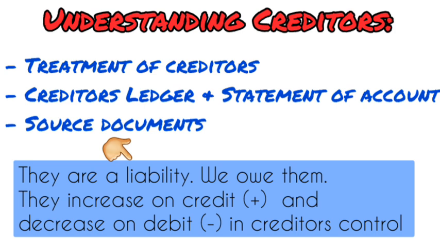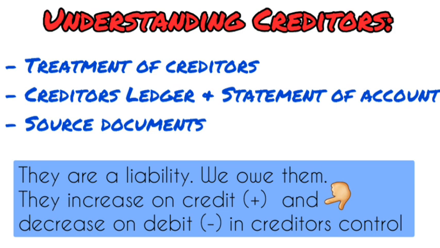So the main thing that you need to know is that when you open a creditors control account, which is where we record every single person that the business owes, that creditors control account, the T account in the ledger, will increase on the credit side, meaning anytime I buy anything on credit, I'm going to record that amount as an increase on the credit side.